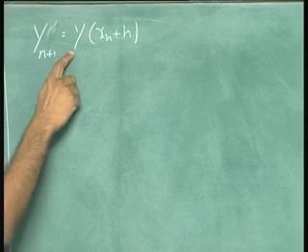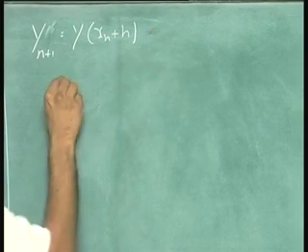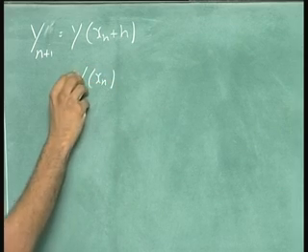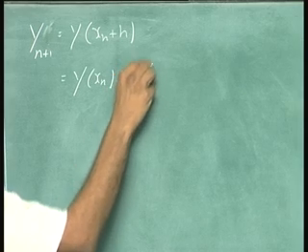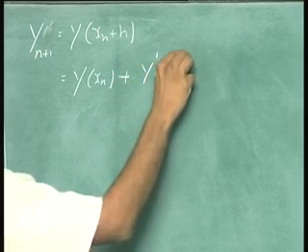I can expand around xn using a Taylor series expansion and say that this is equal to y at xn, that is yn, plus the derivative y prime at xn into h.